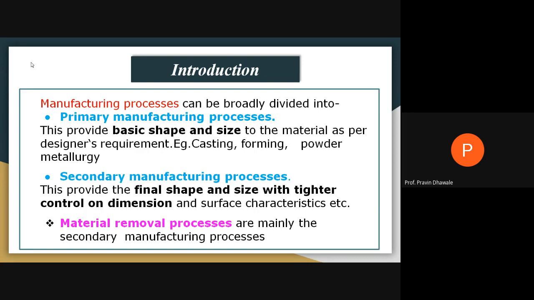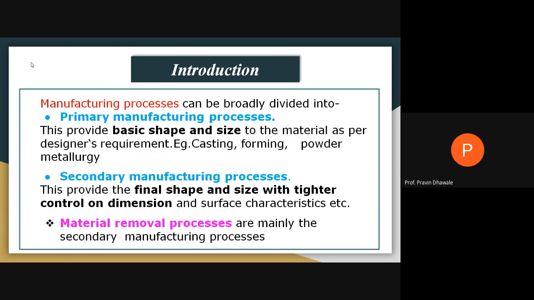Then the second type of manufacturing process is the secondary manufacturing process. Such processes provide the final shape and size. Here, what is the difference? In primary, basic shape only, and in secondary it will provide the final shape and size with tight control on dimensions.